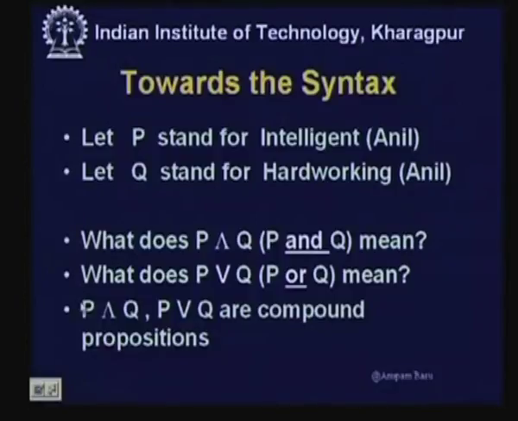Because P is a proposition statement, Q is a statement. I have formed a new statement by applying some connection operators like AND, OR, etc. We will see that there are other operators also which you can use to make more compound statements.